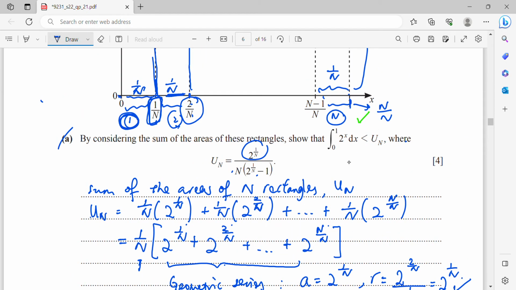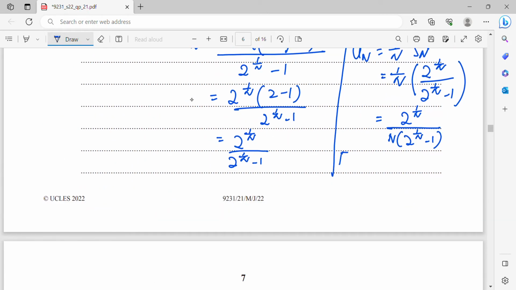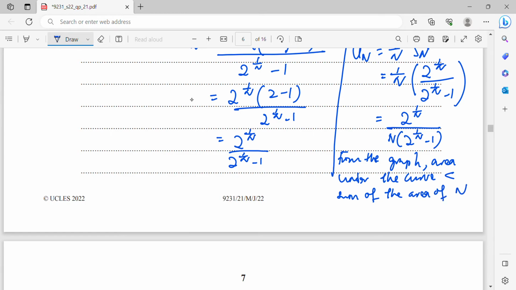But now I want to show that this is less than Un. So just by writing from the graph, the area under the curve is less than the sum of the area of n rectangles.